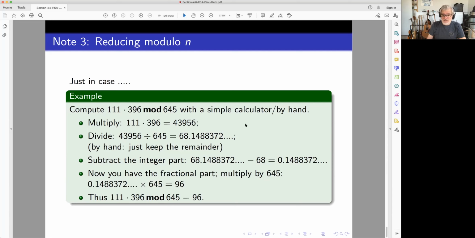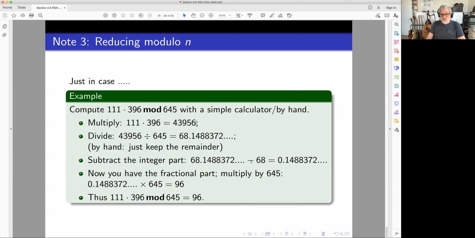How do you actually do it? You do the division algorithm. How do you do it with a calculator? Divide. You're going to get 68 point some decimals. Then you just keep the remainder and multiply by 645. That's basically what you're looking for.